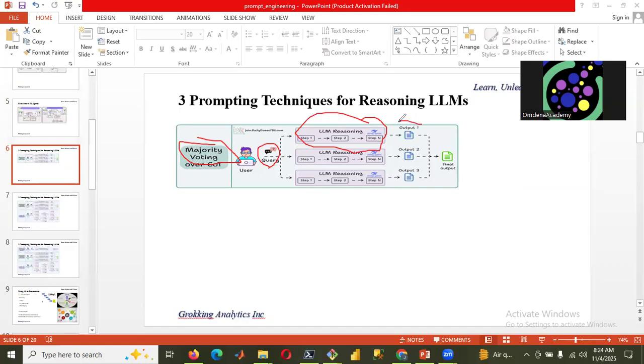We have the output. So what the majority voting is doing is that you have different LLMs now. The first one, which is here, you send your query to it. You have the second one, which is also here, you send your query to it. Then you have the third one, which is also here, you send your query to it.